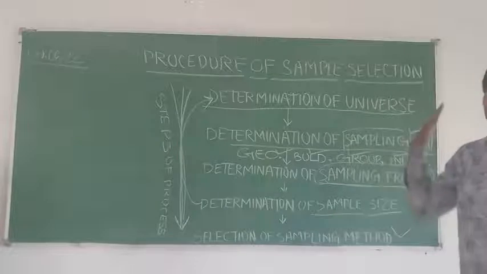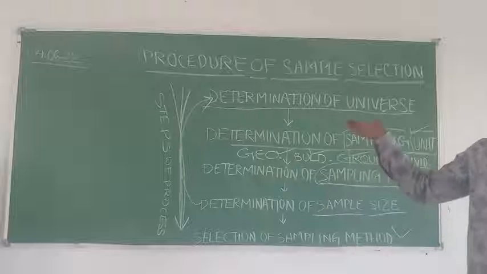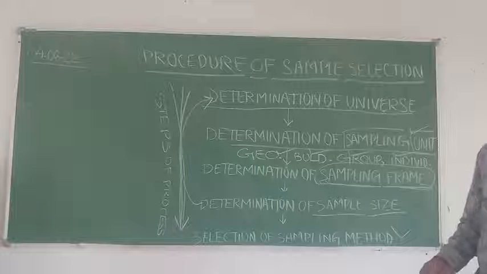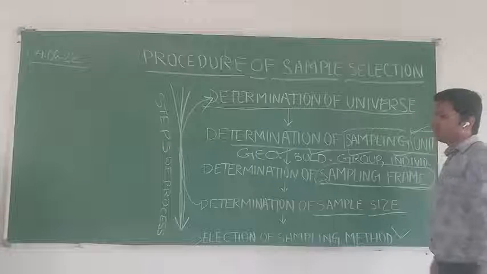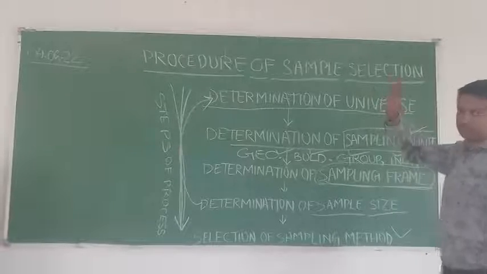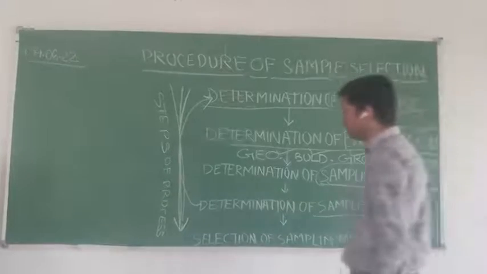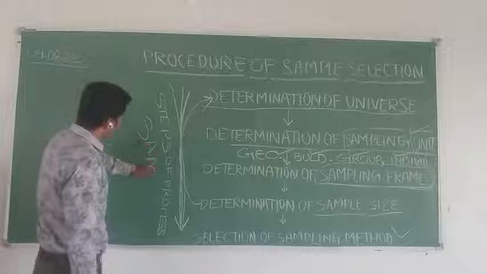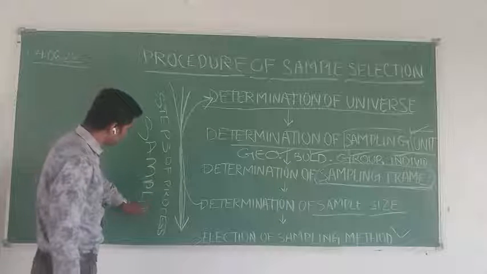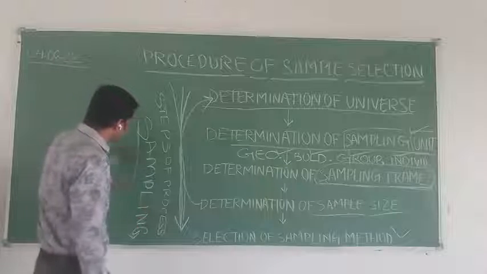So in this stepwise process, we can have the samples which we want to select through the process of sampling. This stepwise process is the process of sampling itself.